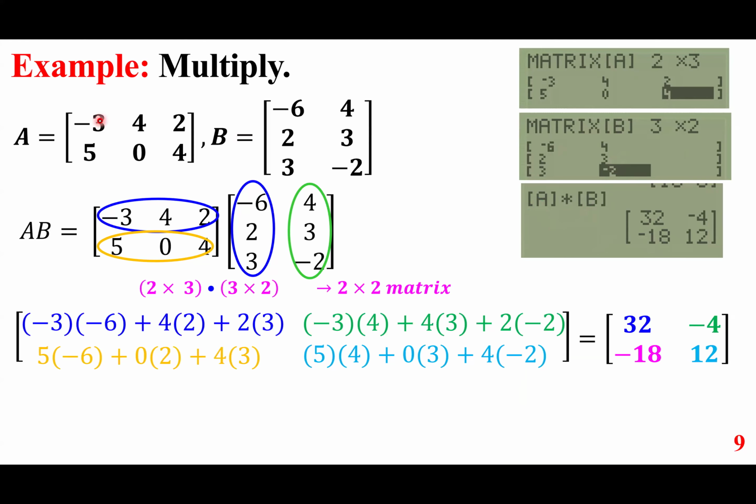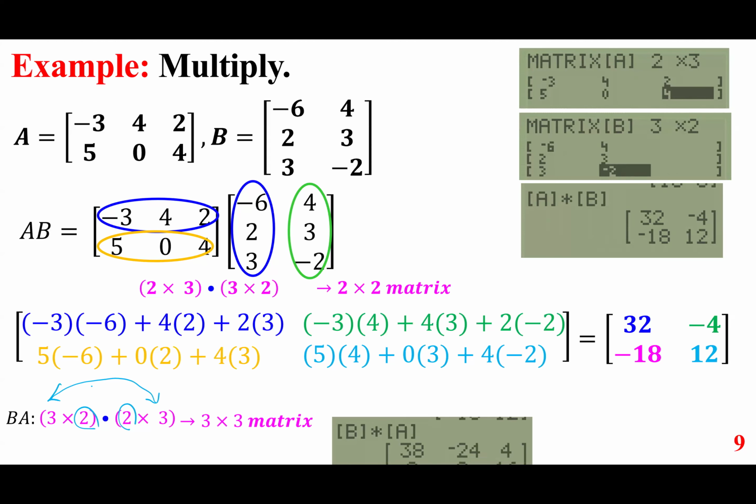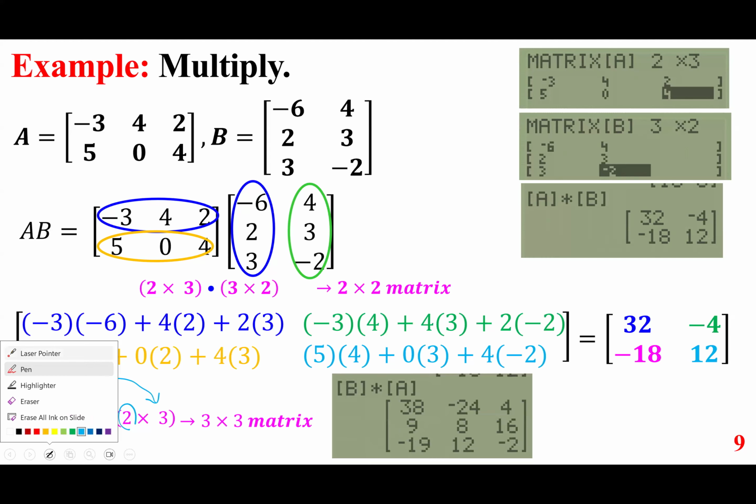Now, what about the other way around? What about B times A? Well, remember, B is 3 by 2 and A is 2 by 3. Can we multiply? Yes, they are identical. What will be the result? The result will be a 3 by 3 matrix. So yes, we can do that. So if you put the BA in, matrix B times matrix A, you get that.